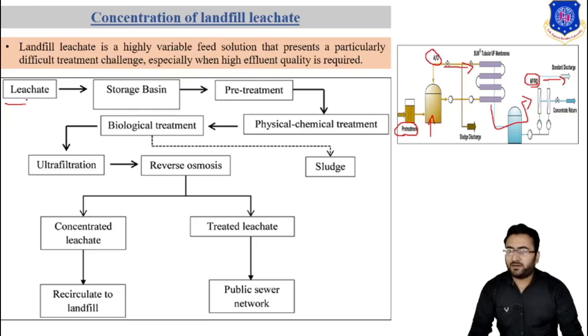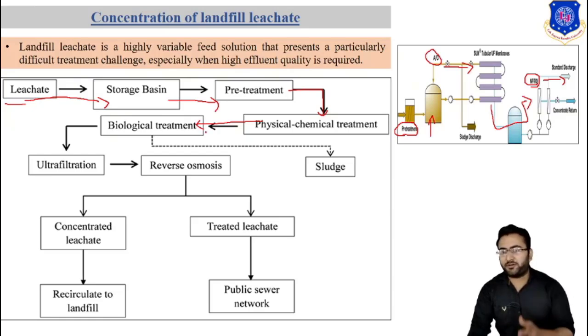First the leachate is passed to the storage basin, then pre-treatment of that leachate occurs. Physical and chemical treatment is used to remove solid particles and other physical waste, then it goes for biological treatment where the aeration tank and other processes are used to remove the organic material, then it goes for ultrafiltration.